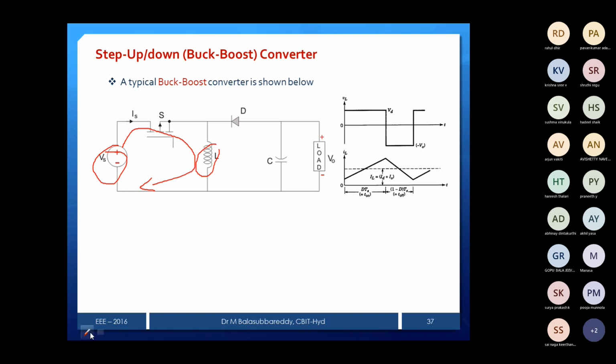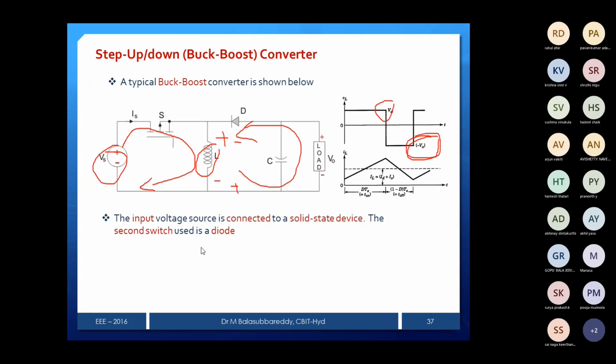But the polarities: while it is charging, it is plus and minus, while it is discharging, you get minus and plus. Only then is the diode forward biased, and that is the reason we get minus V out. As usual, everything else is the same. Wherever the earlier notation was the voltage across the inductor, that is replaced by these values, and automatically we will get the relations.